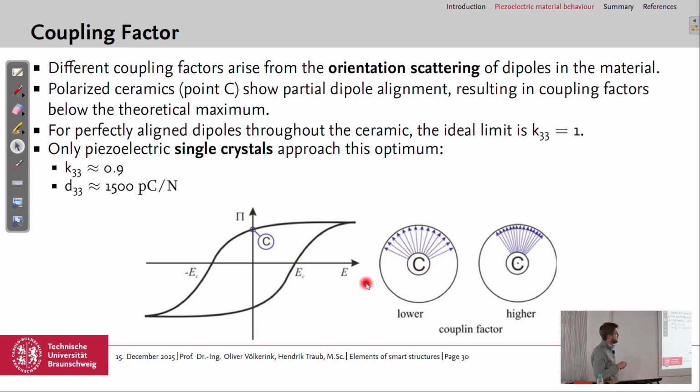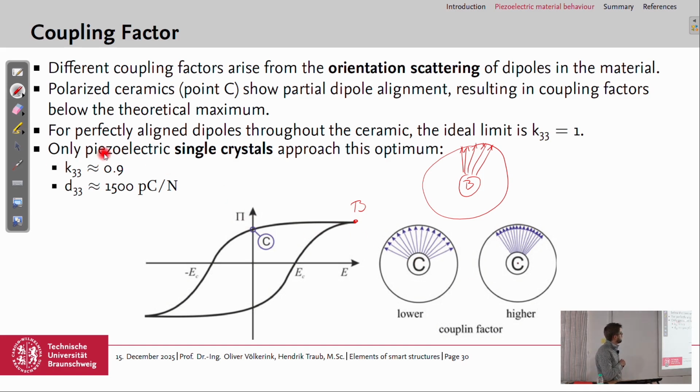And if we look at our circle diagrams again, here maybe I add another circle of this point here, which is point B. So point B has a really strong or high orientation, and at point C, when we have removed the field, we have still a very high orientation or a lower orientation, and therefore this is more efficient in transducing the energies between mechanical and electrical energy.